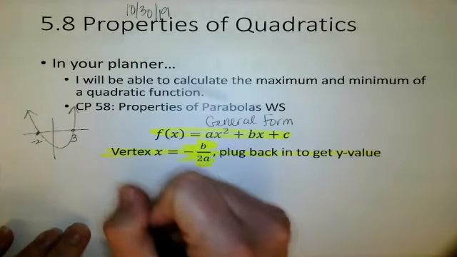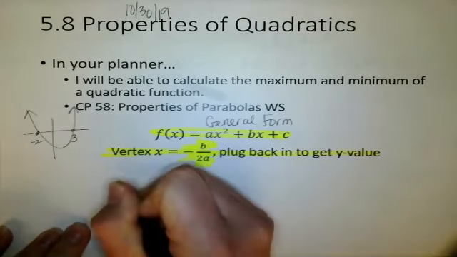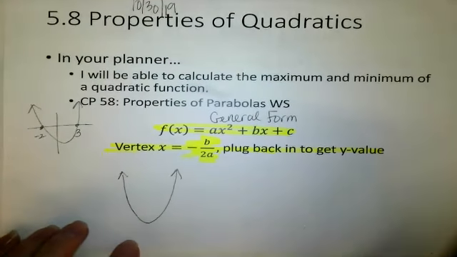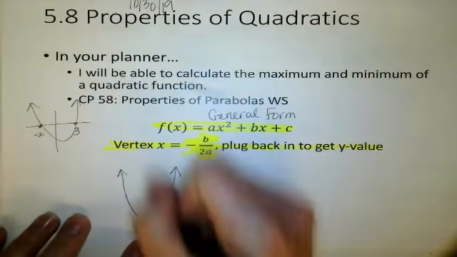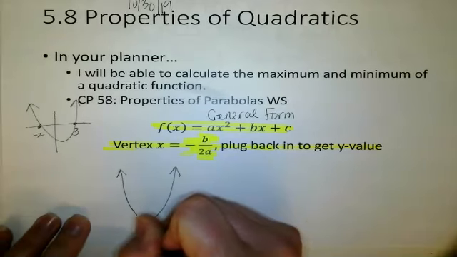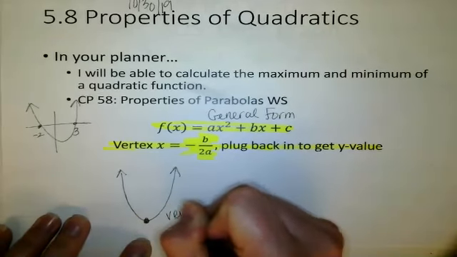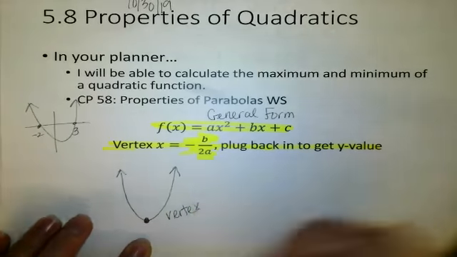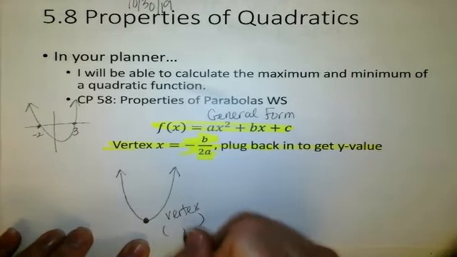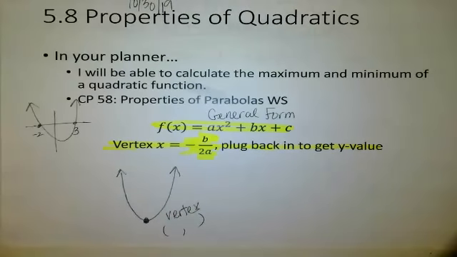So many times our parabola is an upward facing parabola. Okay, it's that U shape. This point way down here is what we call the vertex. The vertex is an ordered pair, and it's a very useful point to know.